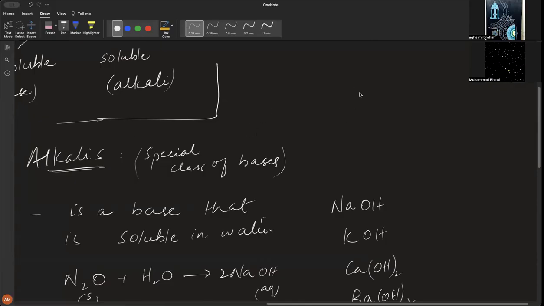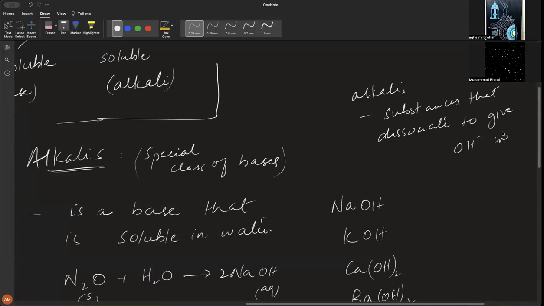Alkalis can also be called substances that dissociate to give hydroxide ions in an aqueous solution.